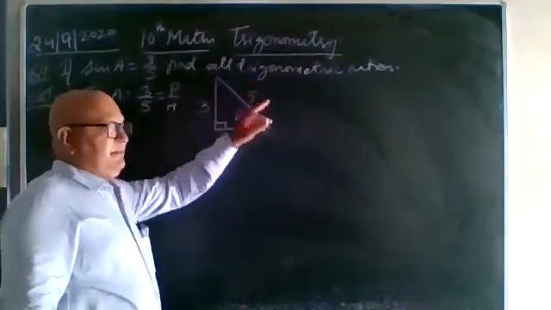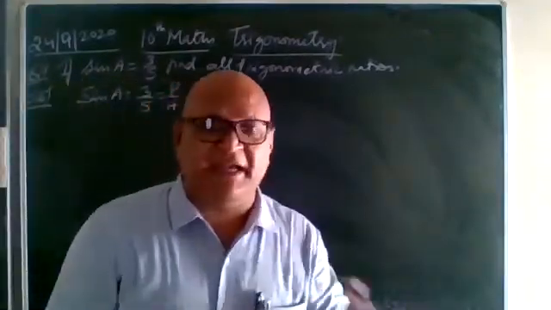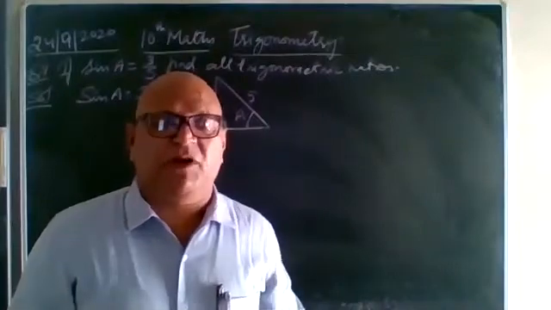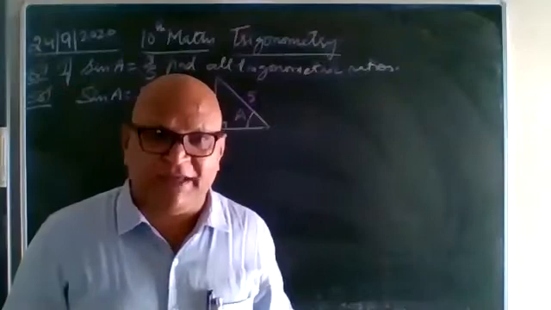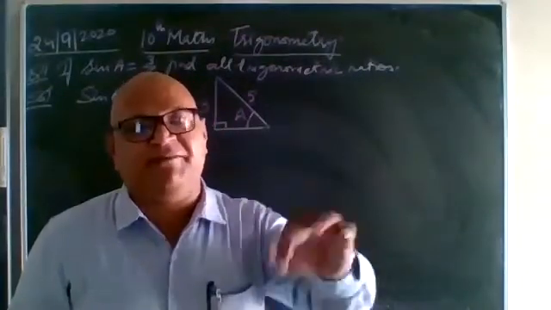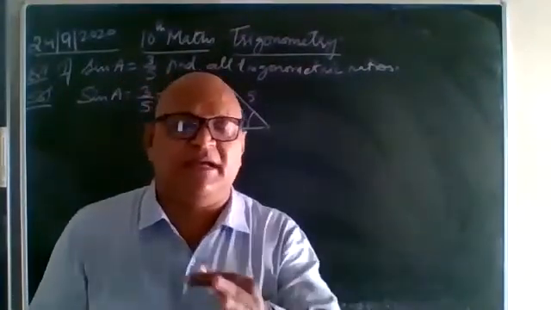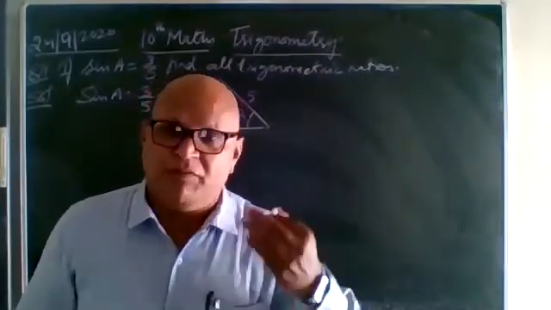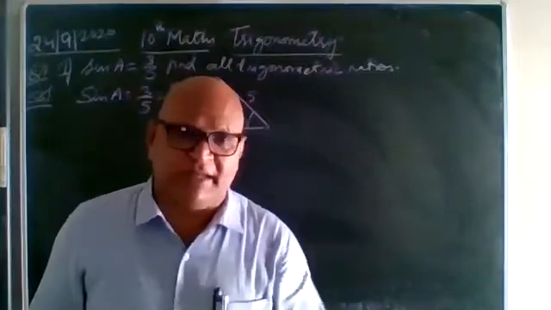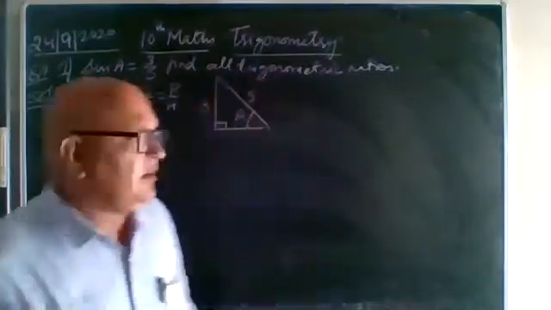Now, some say 3K, 5K, because it is a ratio, so you can take 3K or 5K. But when we are writing 3K, 5K, you will make the mistake. So better is that you take only this 3 and 5.